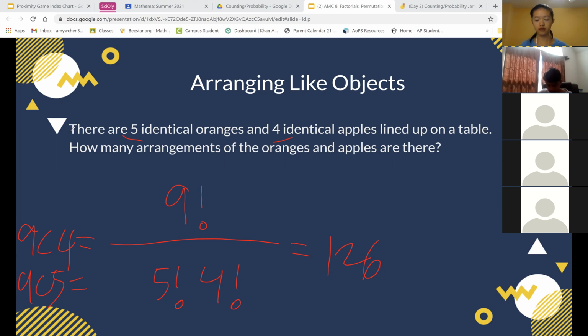Or if you choose the positions of the oranges first, the apples fall into the empty spaces. It gives you the same answer, and it's actually the same thing. So whether you're choosing the positions of the apples, choosing the positions of the oranges, or treating this like a problem where you're arranging the letters, you'll get the same answer either way.